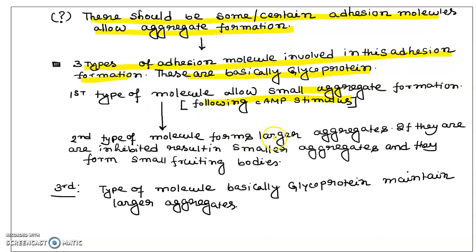The second type of molecule forms larger aggregates; if they are inhibited, it results in smaller aggregates, and they form small fruiting bodies. The third type, also a glycoprotein, maintains the larger aggregates.